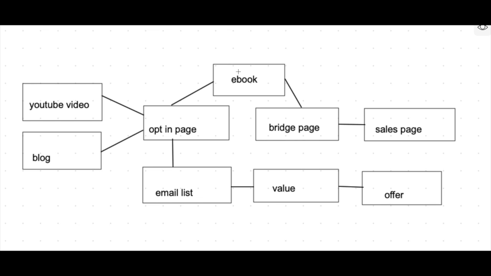But not only that, they'll be put on that email list, which we're going to talk about later on. But first, you're going to send them by email their ebook, and after that, you're going to send them to a bridge page, and that's a video about you. Or if you're making YouTube videos, it has to be a video.